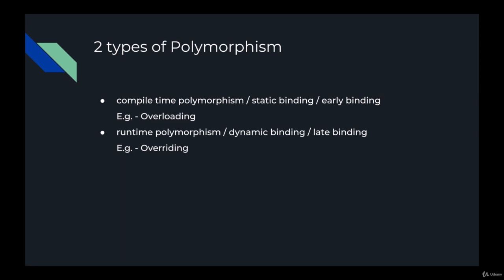We'll be discussing more about what is overloading and what are different types of overloading, and we will also be writing some programs to demonstrate overloading in our next lecture. An example of runtime polymorphism is overriding. We'll also be discussing overriding and creating some sample programs to exhibit this behavior in our following lecture. So that's the conceptual overview of polymorphism.